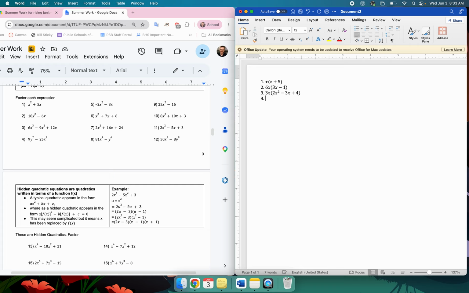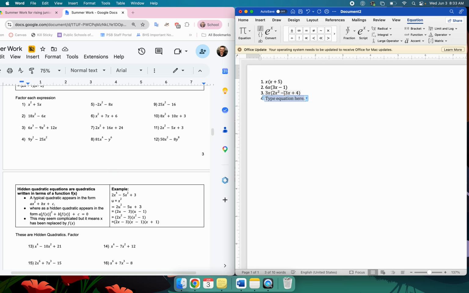Number 4. Number 4 is a difference of 2 squares. Notice that both of these terms are perfect squares, like 9 is a perfect square, y squared is a perfect square, 25, that's a perfect square, and it's being subtracted. That's a difference of 2 squares. So the general idea behind these is that a squared minus b squared is equal to a plus b times a minus b.